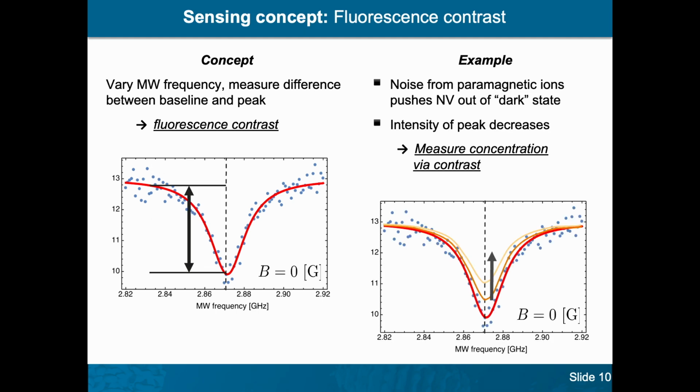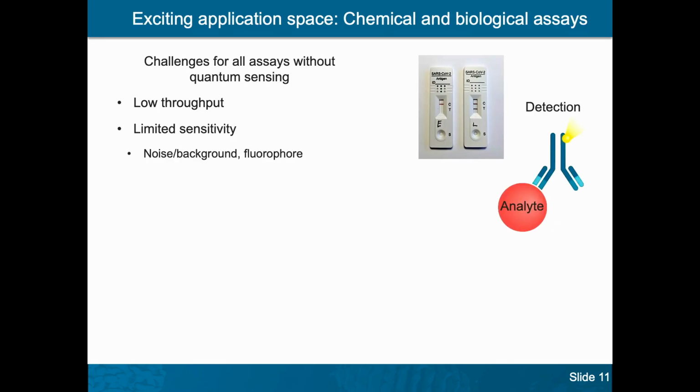So for example, if you were to put the spin in the proximity of some things that would cause the NV center to relax, then this contrast decreases, and you can make a very good sensor out of that. So this is an example of detecting paramagnetic ions. This NV center can be used very sensitively to detect paramagnetic ions, and I'll show you more about this later. But this is to say it's very convenient, it's very low cost, and you can do this with nanodiamonds at room temperature.